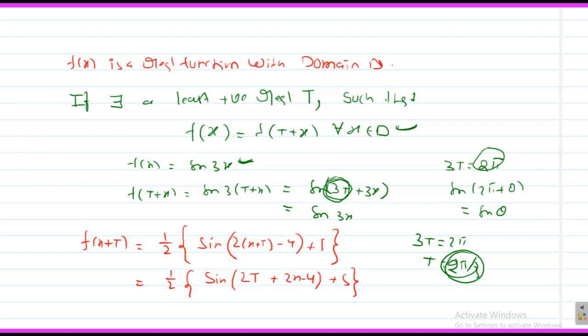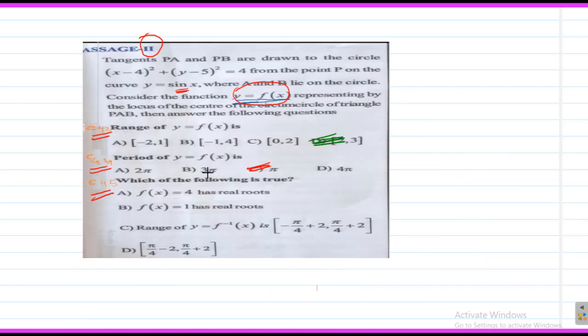According to the problem, this should be equal to sine of 2x minus 4 plus 5. So instead of this, you need to write 2 pi, 4 pi, 6 pi, anything, but the least one is 2 pi. Instead of 2t we write 2 pi. The 2 gets cancelled, t equals pi. That's why pi is called the period of the given function. Okay, leave it. Next question.